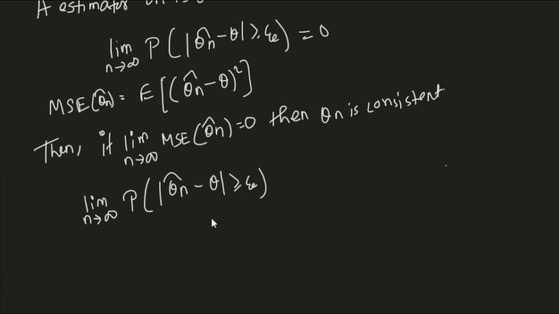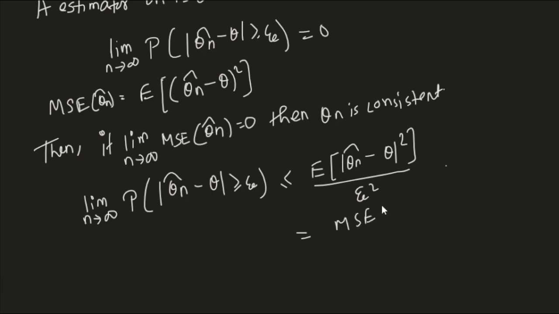So what we can do is as follows. This is by Chebyshev's inequality, but the above thing is just MSE of θn, right? And this would be 0 because we know that the limit of MSE of θn is also 0. And if that happens, θn is again a consistent estimator.